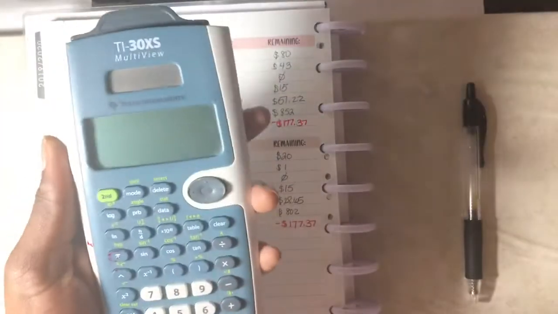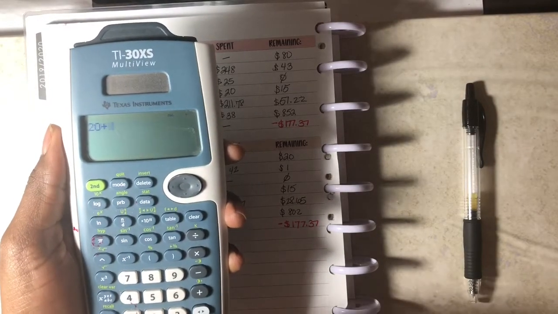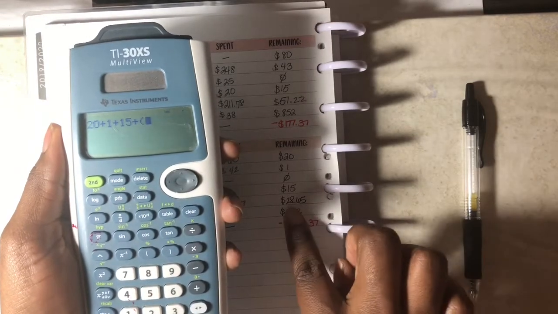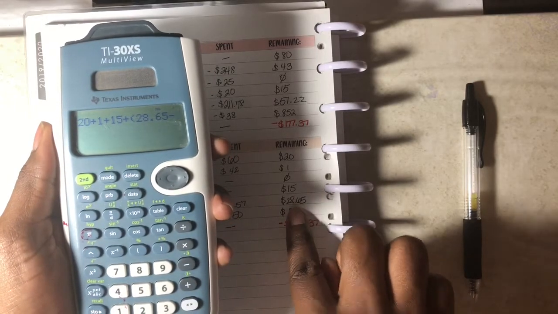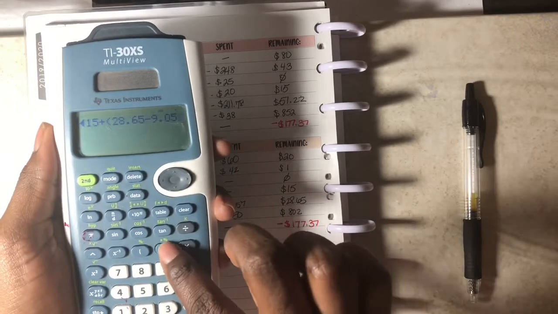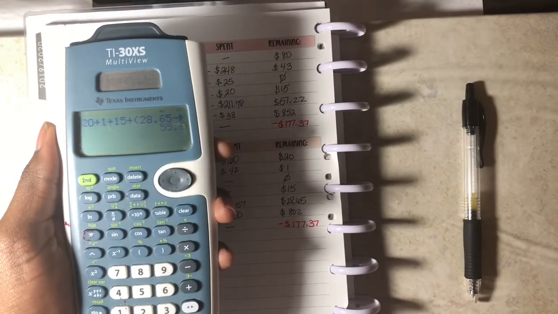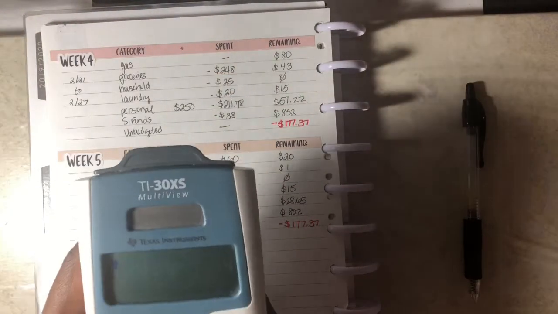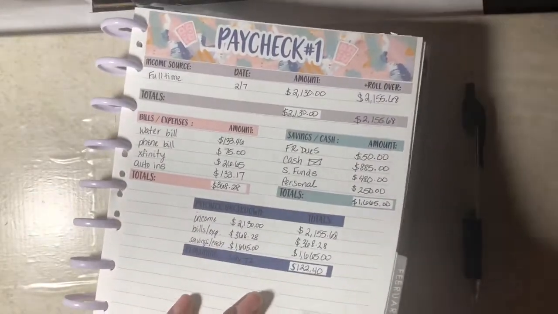So if we total that up, so 20 plus 1 plus 15 plus, in parentheses, this $28.65 minus one transaction of $9.05, and that's how I get the $19.60. I will have a total of $55.60 to pay for debt today, to pay all my debts today from my cash envelopes rollover amount.